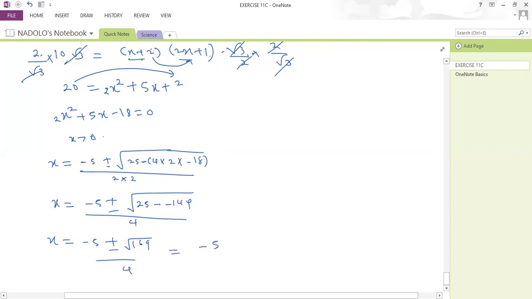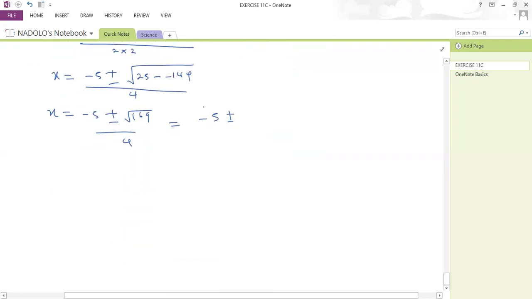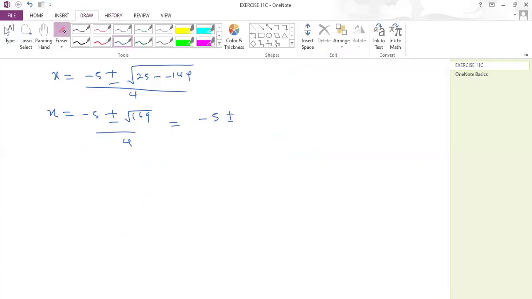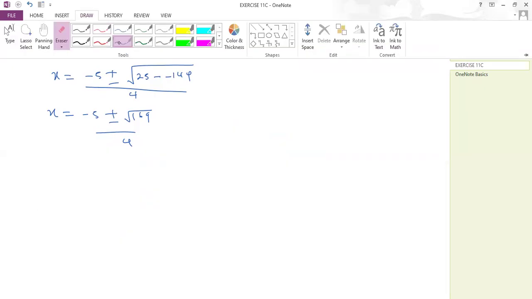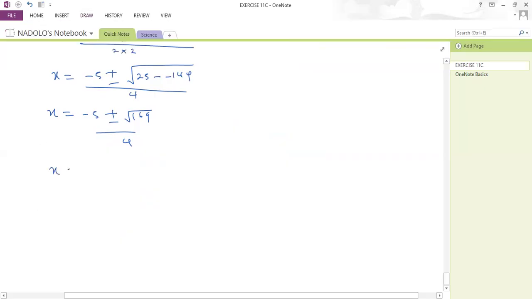The square root of 169 is 13. Remember here, you're not supposed to use the GDC. You are supposed to use the analytical way. One of the ways to be organized is to ensure the equal sign is in one line. So minus 5 plus or minus 13 divided by 4.